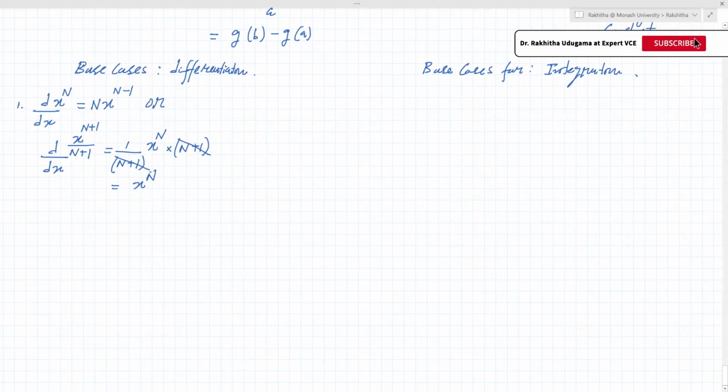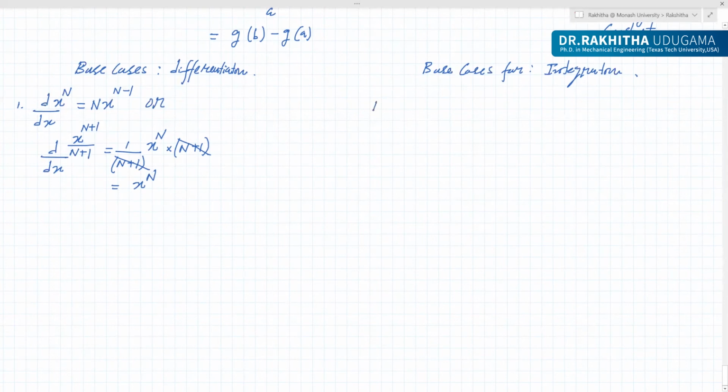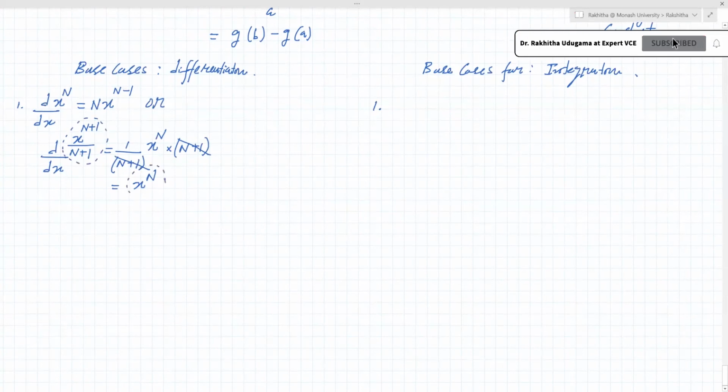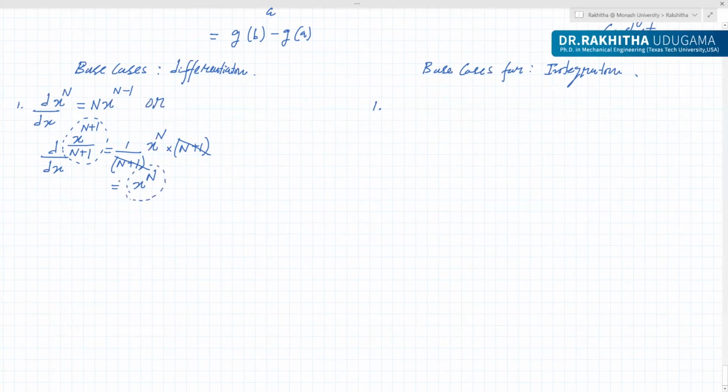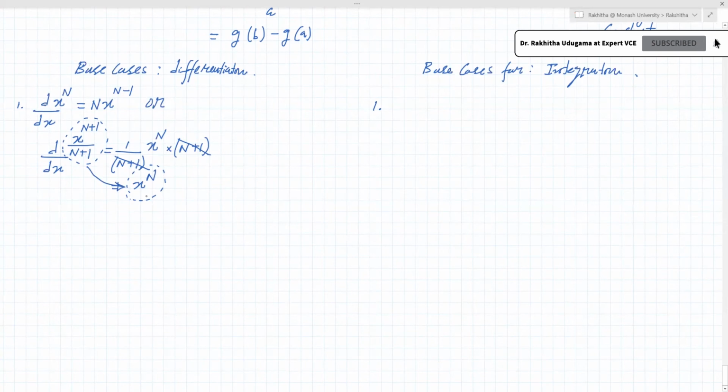Now I'm going to refer to the same thing in integration. So the first base case in integration would be, from here you understand, if you differentiate this part, look at this, you get this output, right? Now integration would be the reverse method. Reverse method would be, if you integrate x to the power n, you should get this. Look at my arrow. From here you are going to get this output.